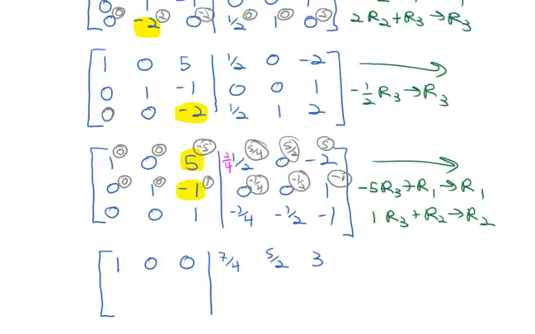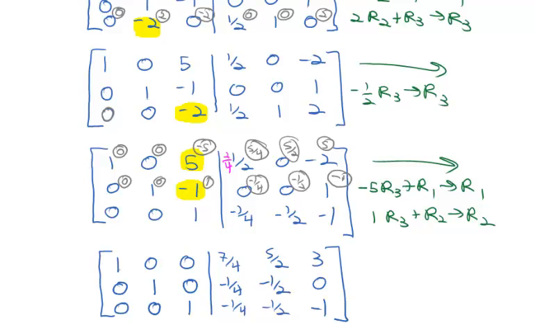And so when we add there, we get 0, 1, 0, -1/4, -1/2, 1 minus 1 is 0, and the third row is unchanged, 0, 0, 1, -1/4, -1/2, -1.